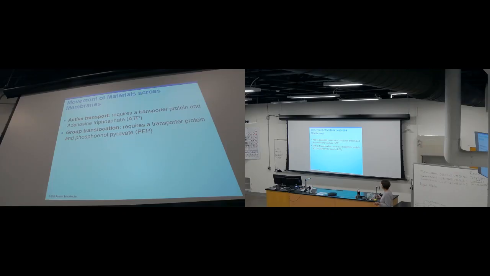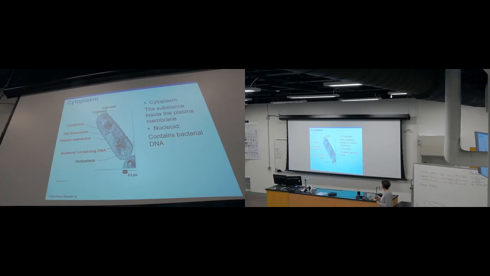In this case, for group translocation, you require phosphoenol pyruvate and also a transporter, and that leads to the movement of molecules. Phosphoenol pyruvate is also known as PEP.